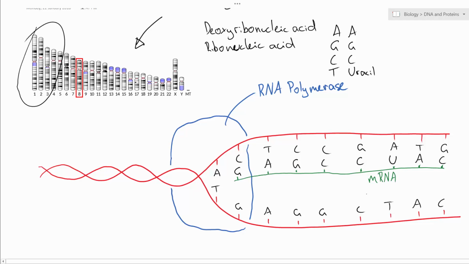So mRNA, the M stands for messenger. So what we see occur is messenger RNA is made off of the base combination on a particular gene in order for that mRNA then to travel out of the nucleus through nuclear pores and into the cytoplasm, where part 2 of this protein synthesis process can occur.